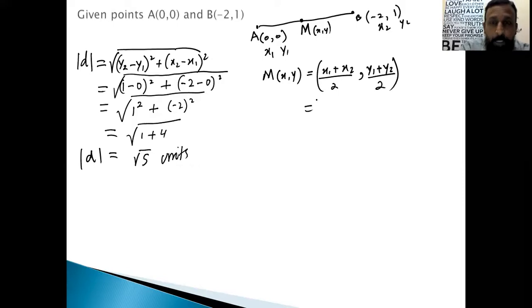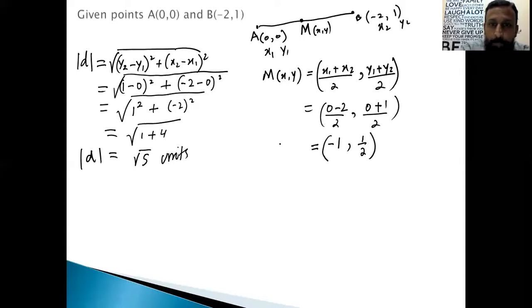So let's plug in these values: 0 plus negative 2 upon 2, comma, and 0 plus 1 upon 2. Let's simplify this. 0 minus 2 is minus 2. Minus 2 upon 2 is minus 1, comma, 1 upon 2 is half. So these are the coordinates of the midpoint of the line AB.